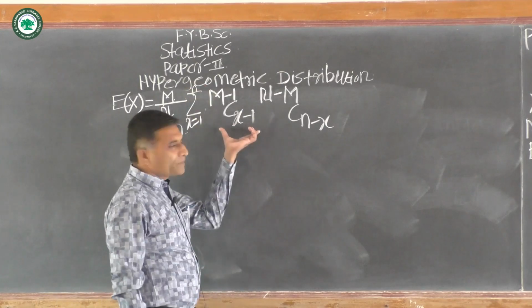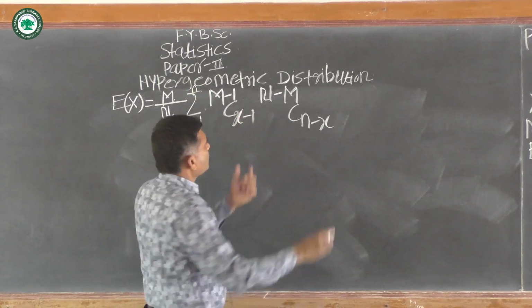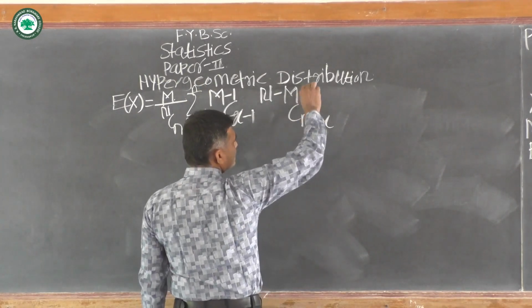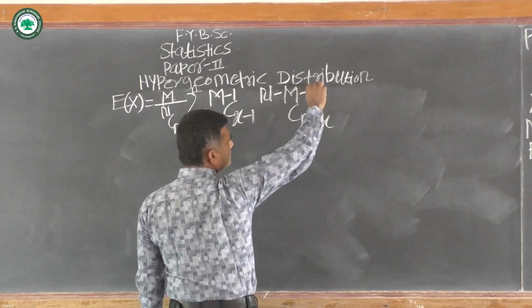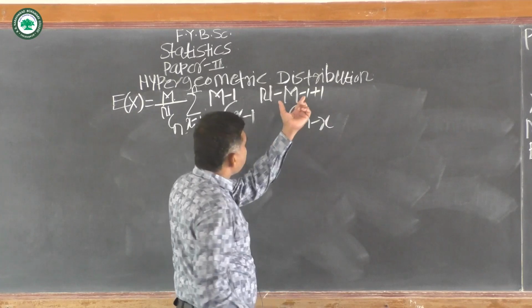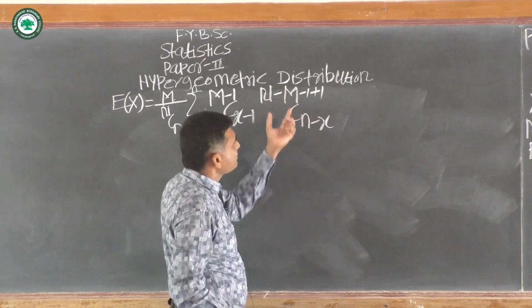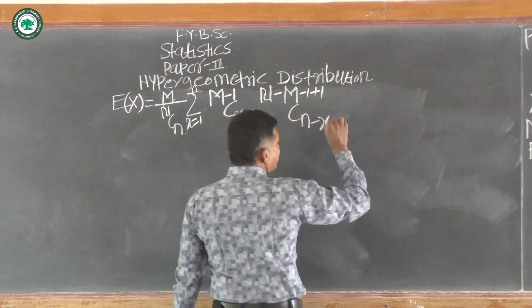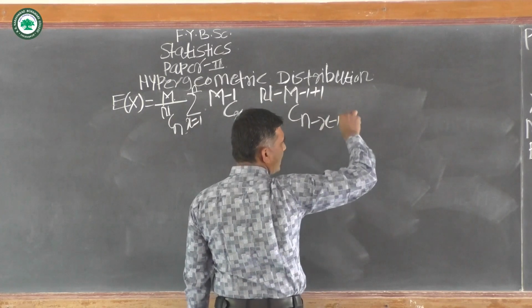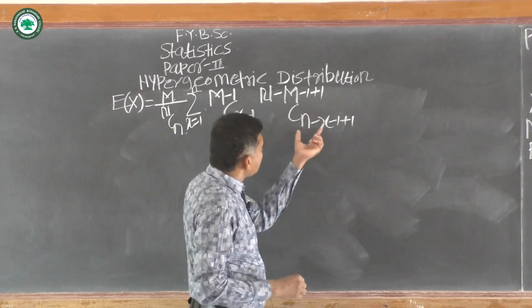Now here we make some adjustments. We subtract 1 and add 1 in N minus M. Also we subtract 1 and add 1 in n minus x.